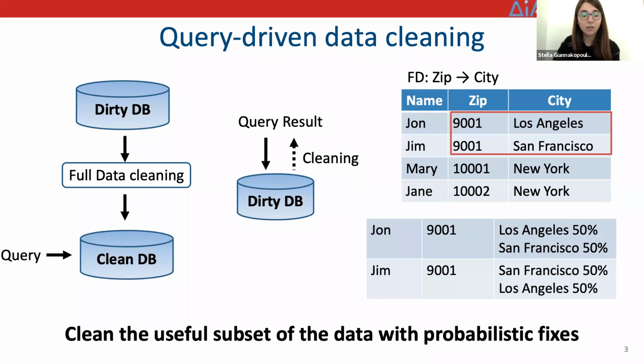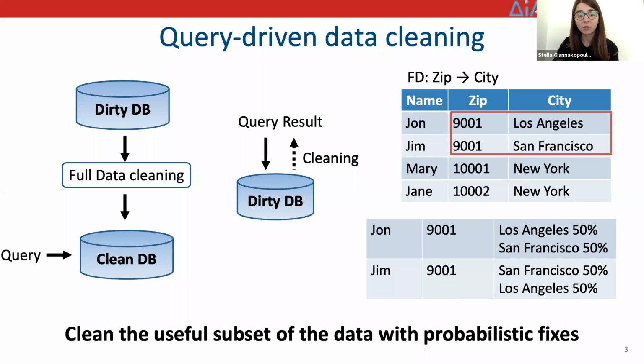In addition, as we apply cleaning at data exploration time and we have partial knowledge of the rules, we provide probabilistic candidate fixes. And we do this because automatically inferring the correct value without having a knowledge of all the rules that exist might be inaccurate, because in order to fix a dirty value, we need to have knowledge of all the rules that it violates. Therefore, to address this problem, we use attribute level uncertainty, where each attribute that participates in a rule might get multiple candidate values.